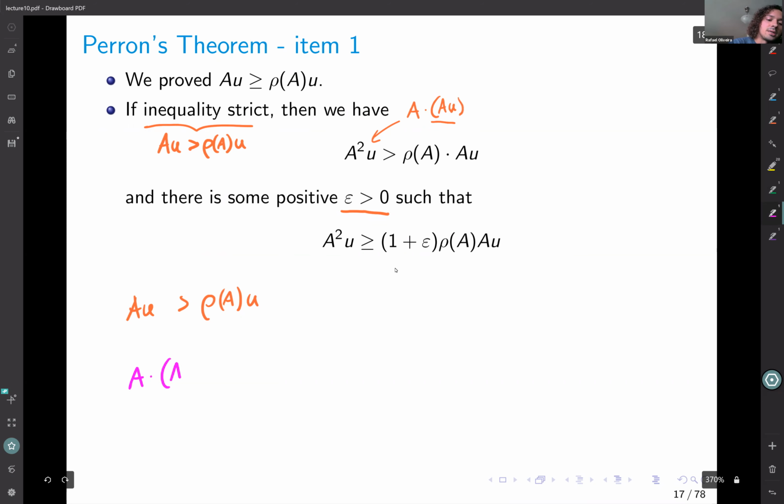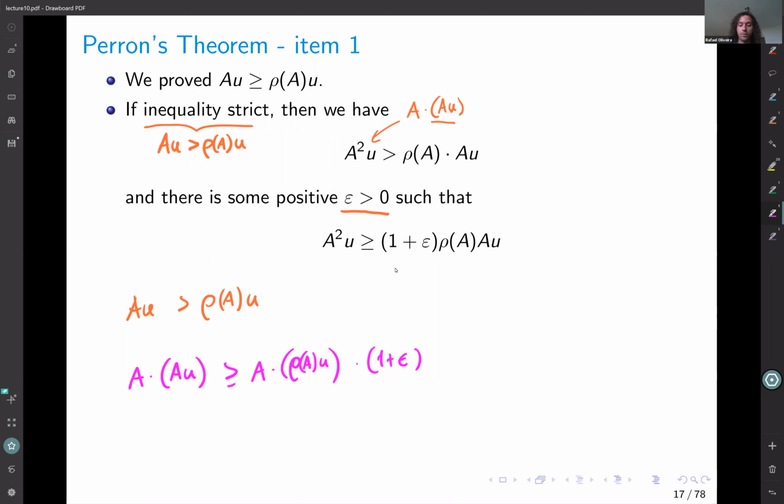That A times Au will be bigger, by the positivity lemma, than A times rho of Au. Correct? But moreover, we also know that there is a 1 plus epsilon that we can add in here. We can throw in a 1 plus epsilon here, and we can leave it strict, or we can say greater or equal. Doesn't matter. Okay, great. So we know that there's a positive epsilon such that this holds.